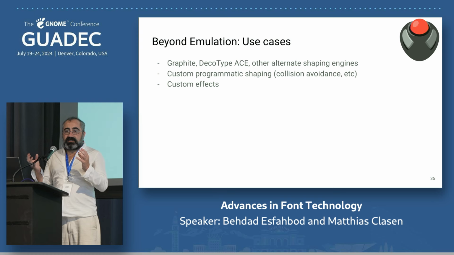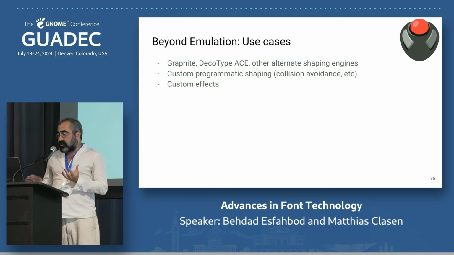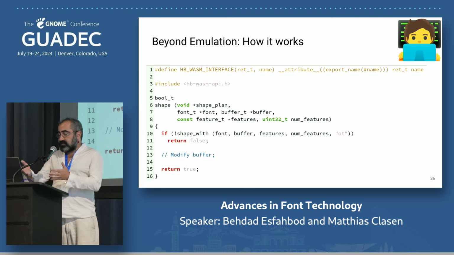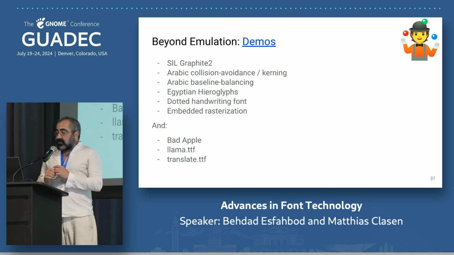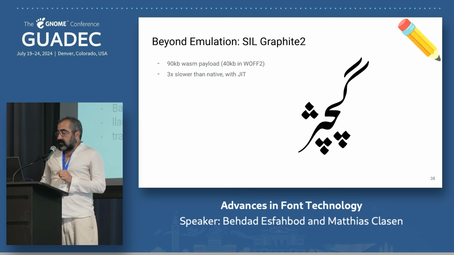This doesn't make sense. So a font that works against the shaping engine can, with WebAssembly, just ship the shaping engine itself, and everything will work. This is how it works. You just implement one function and then embed it in the font.